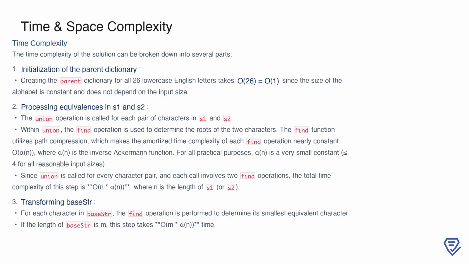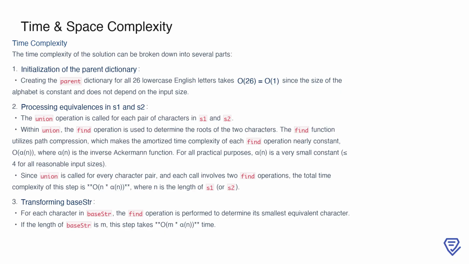The find function uses path compression, which ensures an amortized time complexity of O(alpha(n)) for each call. Here, alpha(n) refers to the inverse Ackermann function, which grows extremely slowly and is considered a small constant for practical inputs. Since we perform union operations for every character pair in S1 and S2, this step takes O(n * alpha(n)) time, where n is the length of either S1 or S2.